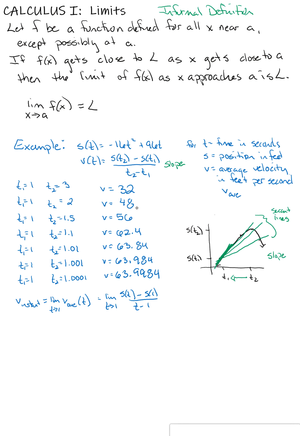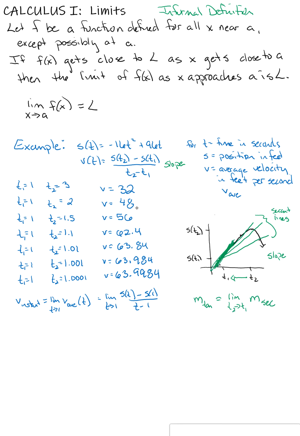Well, it turns out that if I were to take the limit, as in this case t2 is approaching t1, of the slope of those secant lines, I'll write that as m sub sec, what we end up with is the slope of our tangent line. So there's our tangent line, the slope of that.